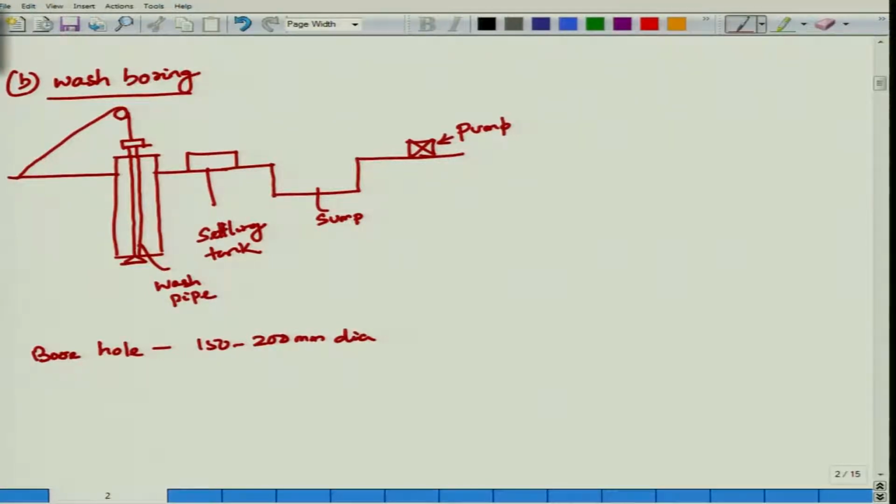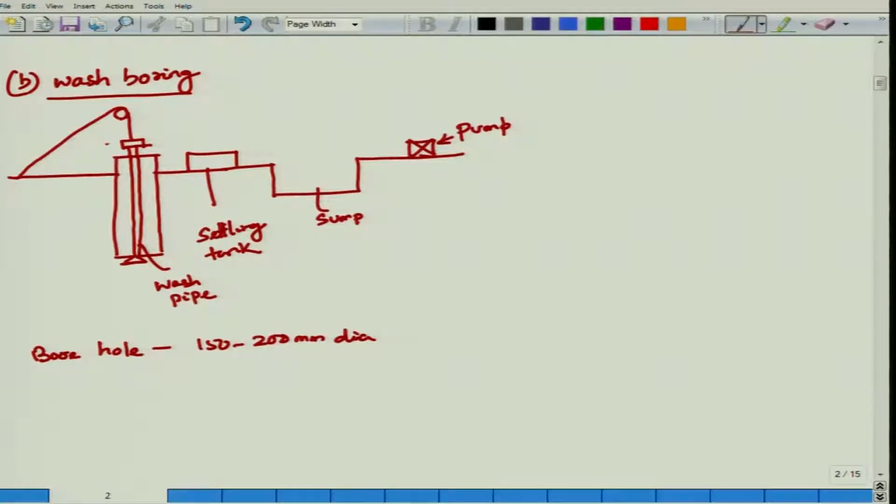So, in wash boring, a borehole of 150 to 200 mm diameter is drilled, and generally the soil is loosened and removed from the borehole by a stream of water.